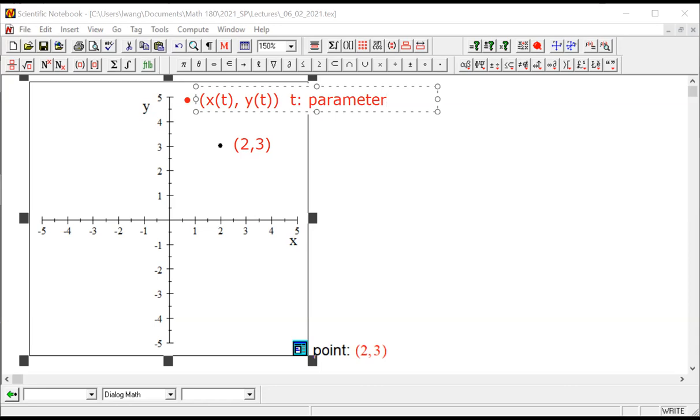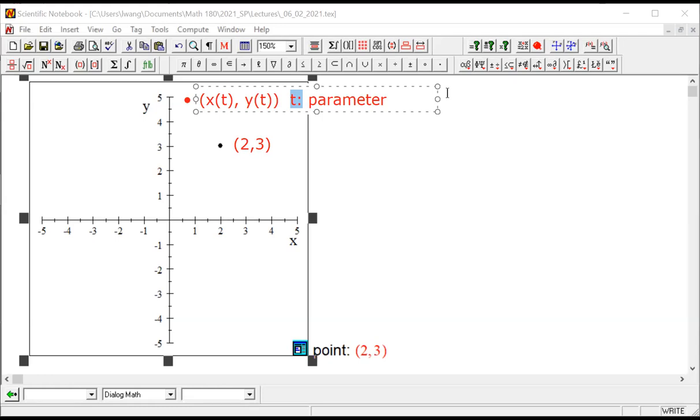All right, so that word t, right, both x coordinate, y coordinate depends on another parameter. This is parameter. So that's why it is called parametric. Okay, let's see how it works.